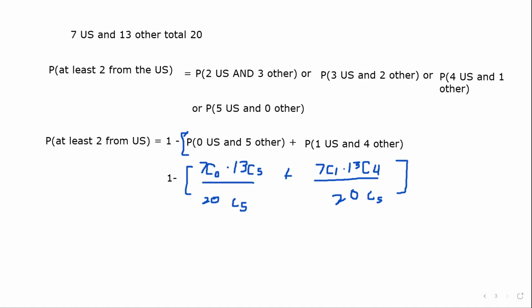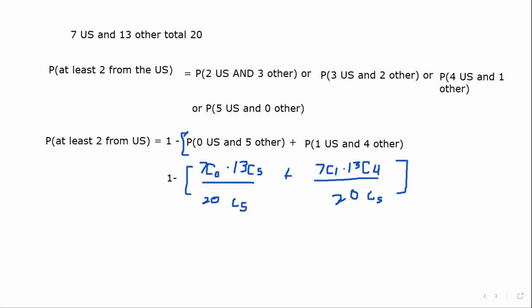Now we're going to do 13 choose 5. So we have 13, math, probability, nCr. I hit the wrong key, sorry. I ended up on the wrong screen.